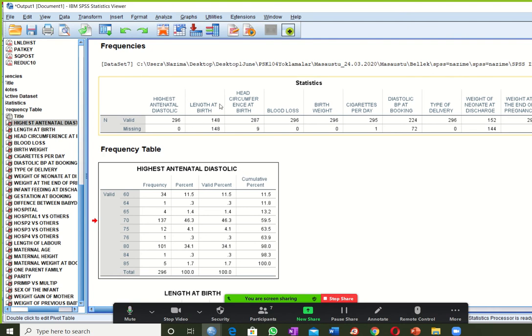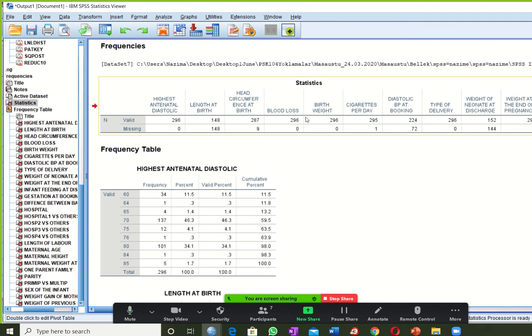But length at birth, we know only 148 patients, okay, and here head circumference at birth, we only know 287, so the others are not measured.